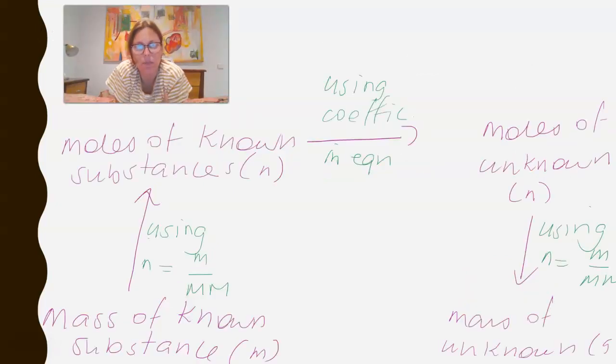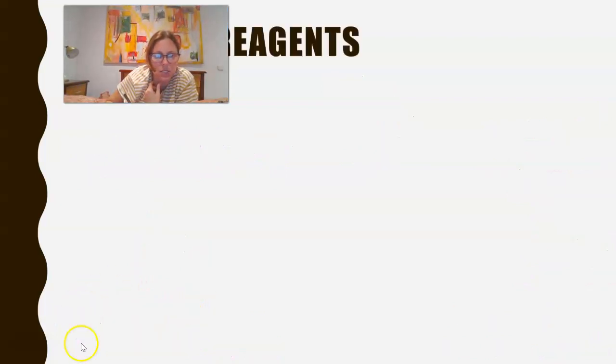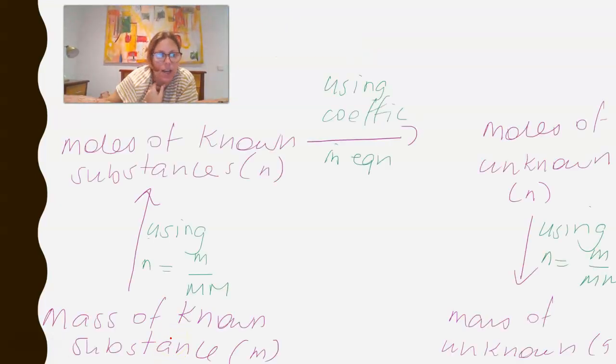A good little diagram to help you make sense of what you're trying to work out and how to do it in the questions that you're going to be using is given here. So say, for example, we know the mass of the substance that we have over here. I know I've got 3 grams of something. Using this formula, I can work out the moles.